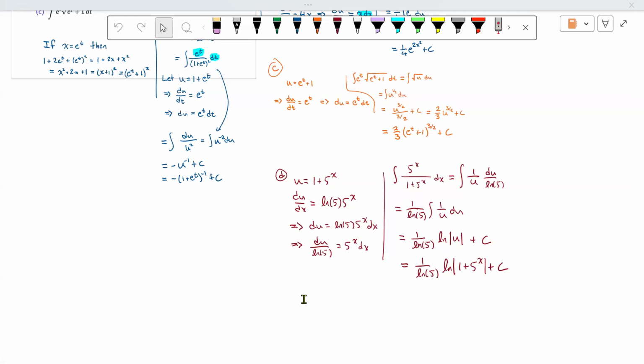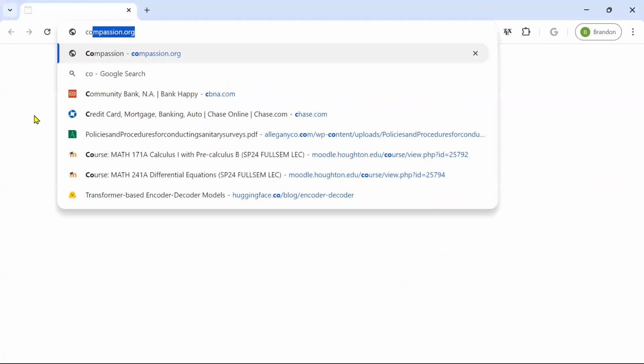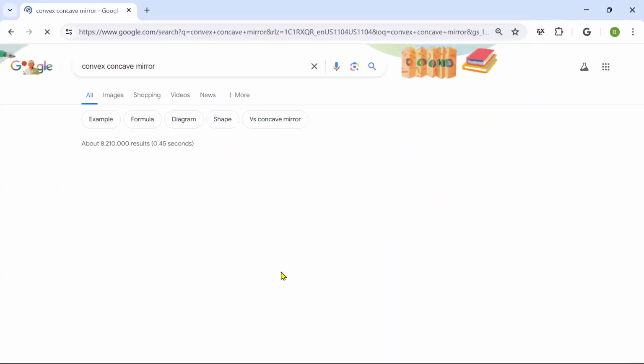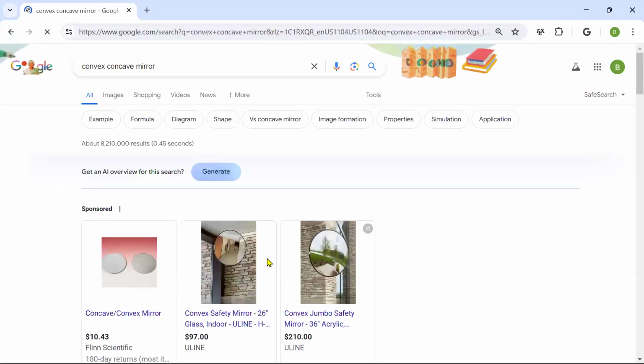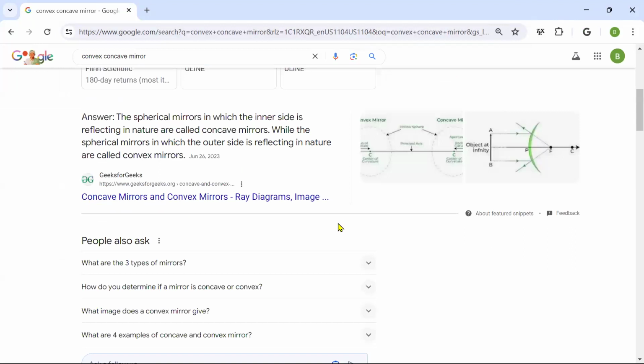So there is a notion of a convex function. Let me add a page first. You've learned about concave up and concave down.